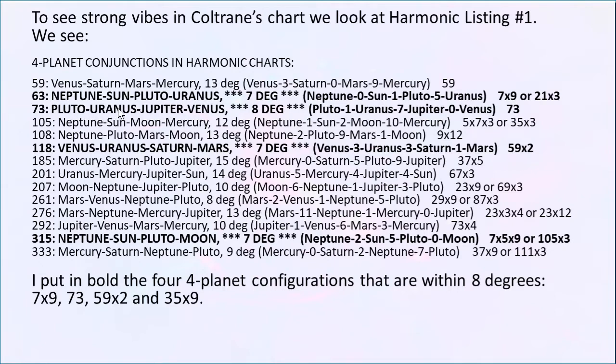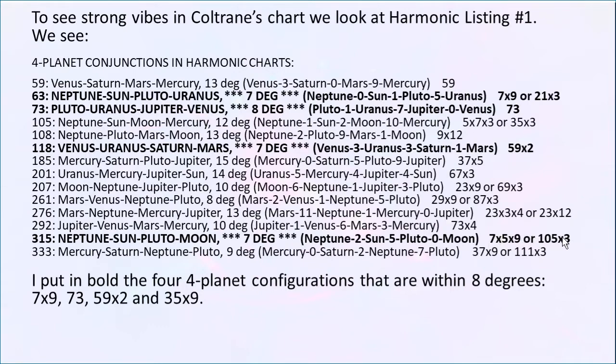There's this other one, Pluto, Uranus, Jupiter, Venus, in 73 vibe, then Venus, Uranus, Saturn, Mars in 59 times 2, and Neptune, Sun, Pluto, Moon in 315, which is 7 times 5 times 9, or 105 times 3.